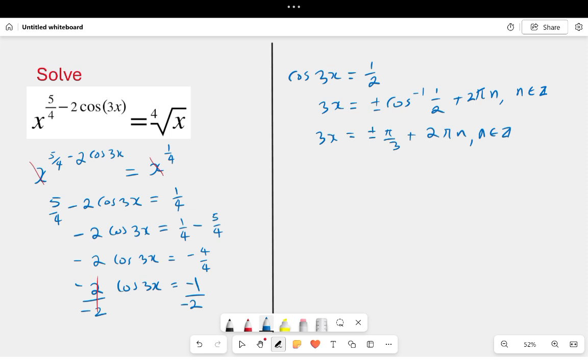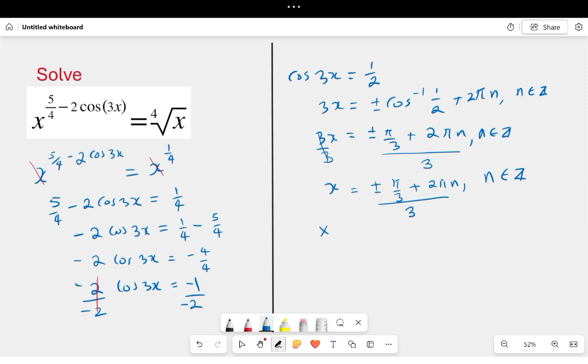Now, to remain with the x value only, we are going to divide by 3 on both sides. So x is equal to plus or minus pi over 3 plus 2 pi n, whereby n are all the integers. So everything we divide by 3.